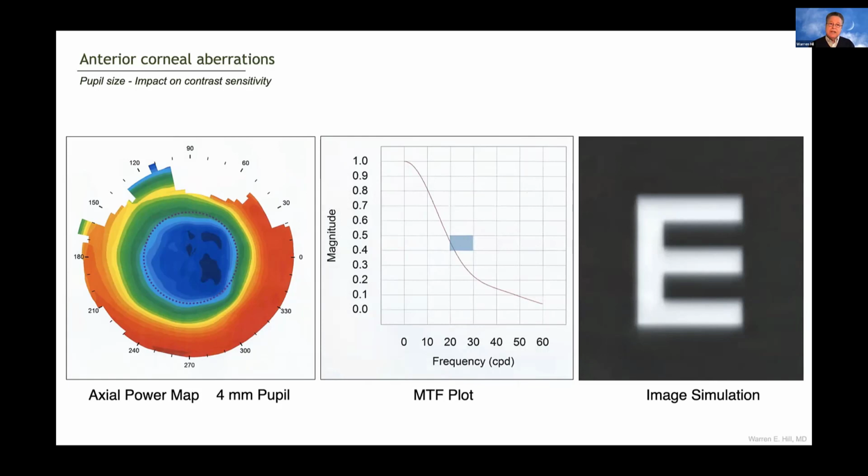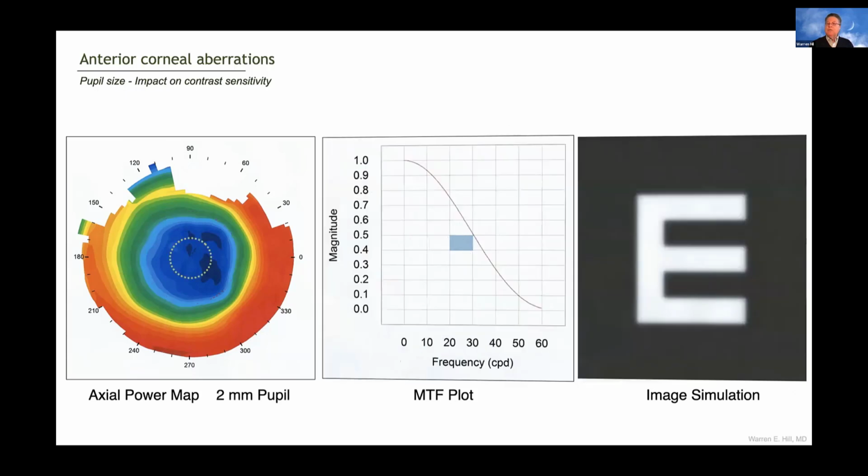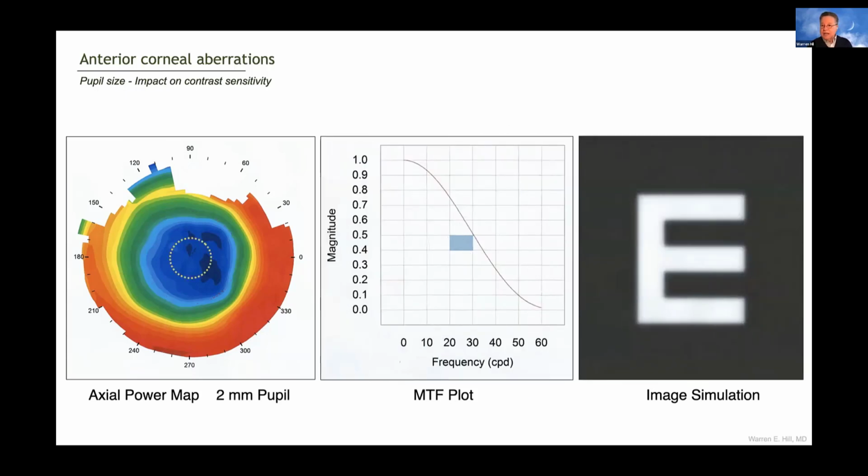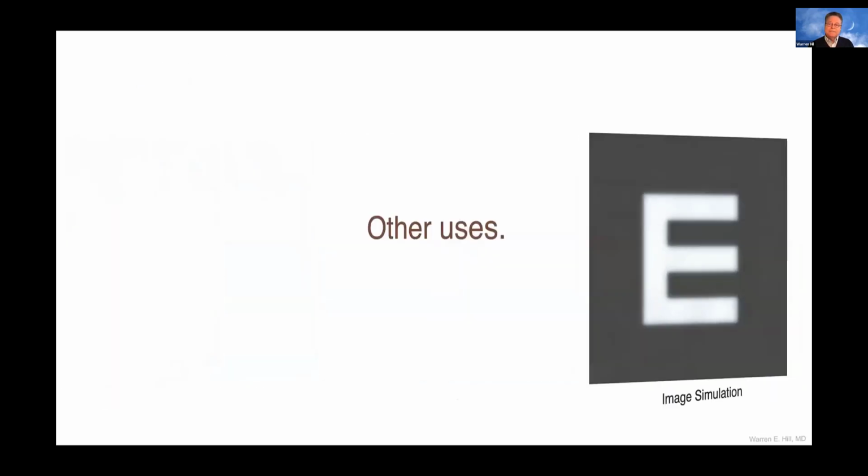So a lot of these patients that had their LASIK in the 1990s will tell you that their vision at night is nowhere near as good as it is during the day, and that's because the pupil comes down and the impact of the aberrations is less. And then at a very small pupil size, it begins to almost act like a pinhole camera, and the contrast is preserved because the aberrations are less.